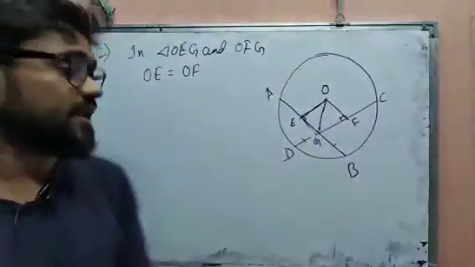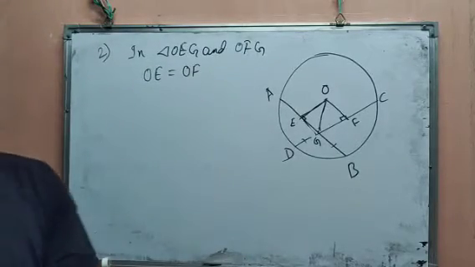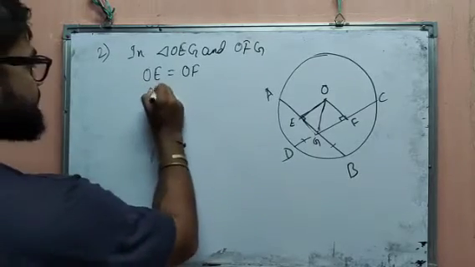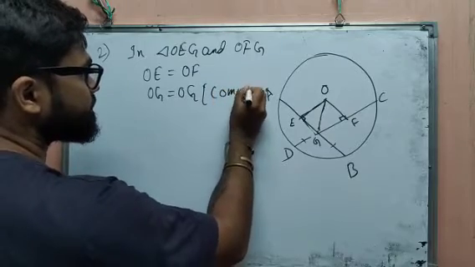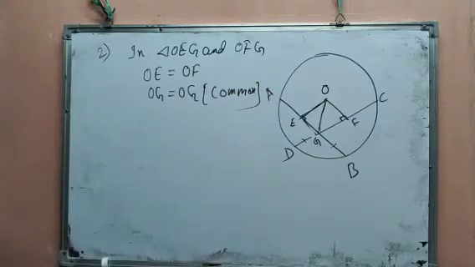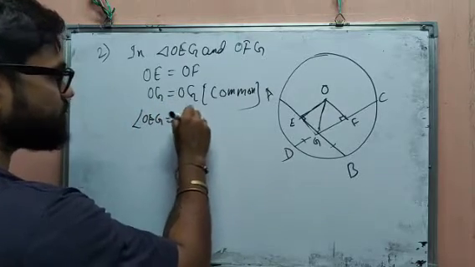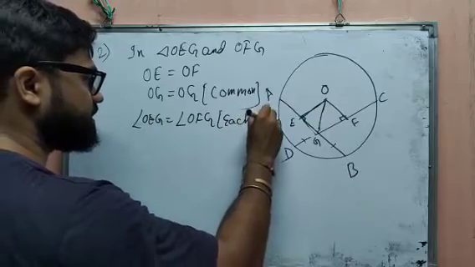Second, you can write the reason: equal chords lie at equal distance from the center. Second, you can write OG equal to OG, this is common. Next we have to write angle OEG equal to angle OFG, each 90 degrees.